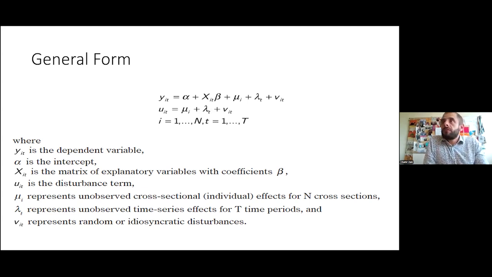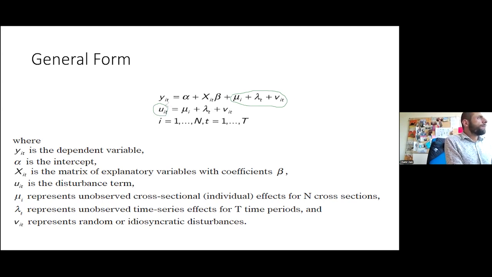We have some year dummies, lambda_t, and individual dummies, mu_i. And in the classical way we do things, those three terms, mu, lambda, and v, are included in the error term, right?